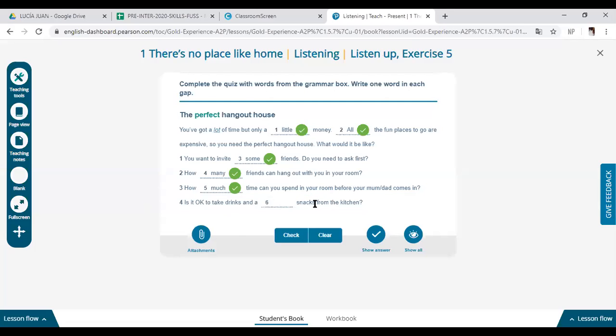Is it okay to take some drinks and snacks from the kitchen? Snacks is plural. It says some. Can you say some snacks? I think here is the problem. So, what do we need here?